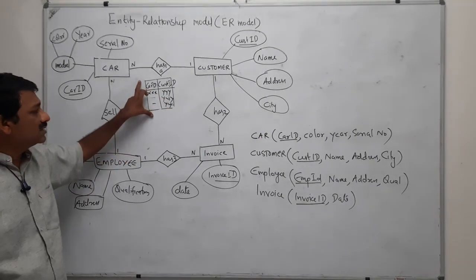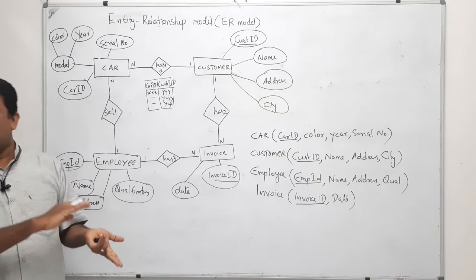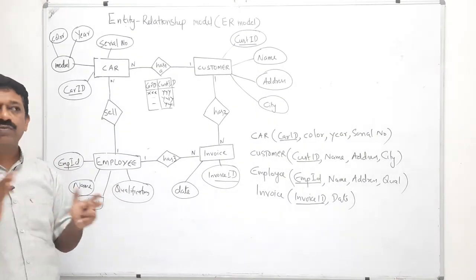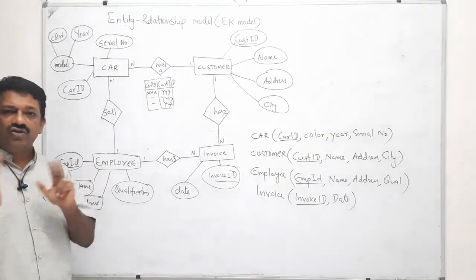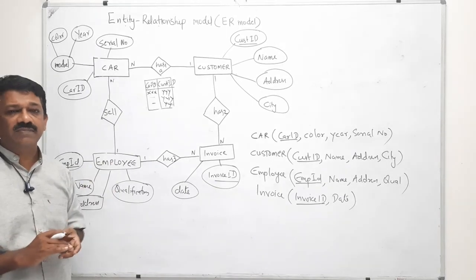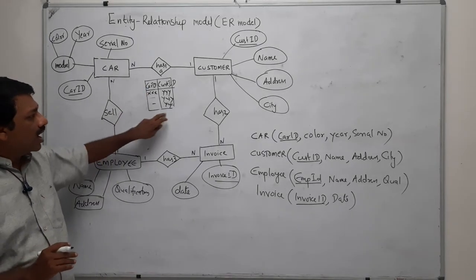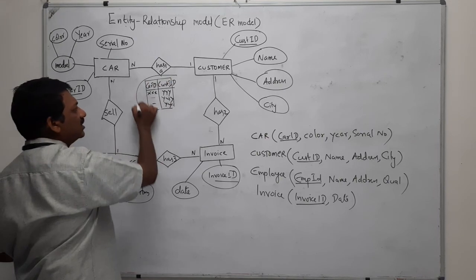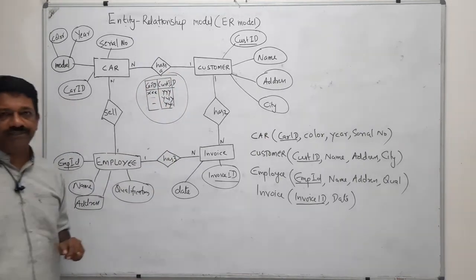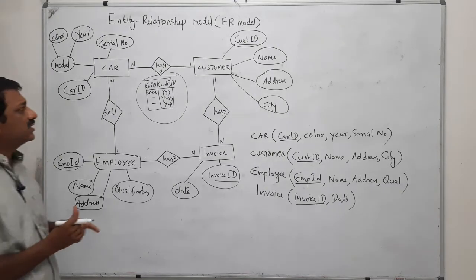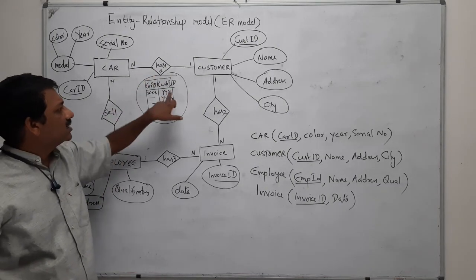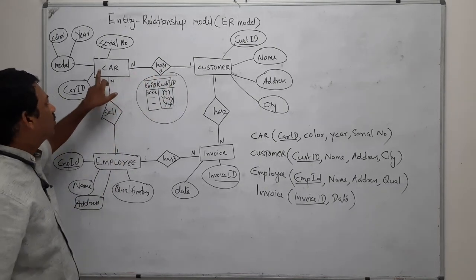So in that case, if you have an n-to-1 relationship or one-to-many relationship, that means many-to-one or one-to-many relationship, what you can do is instead of having a separate table for this relationship, you just transfer this customer ID to this entity.